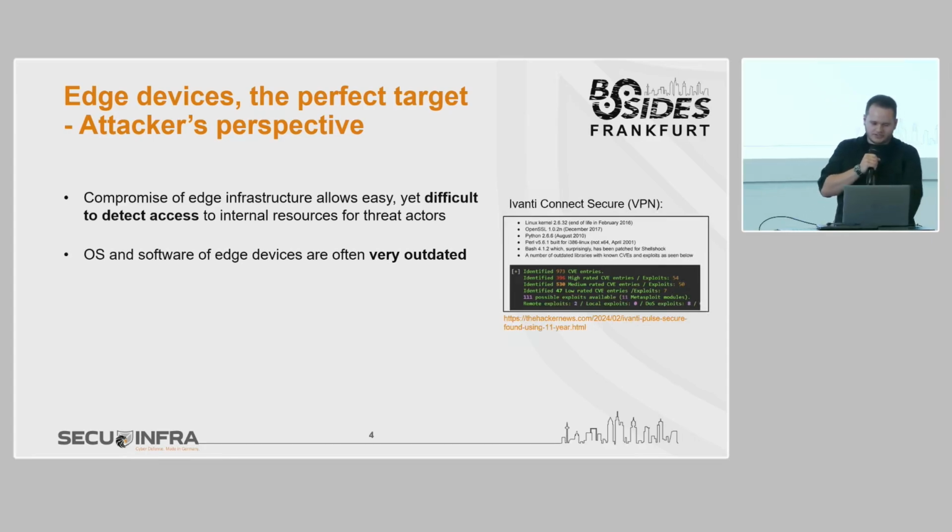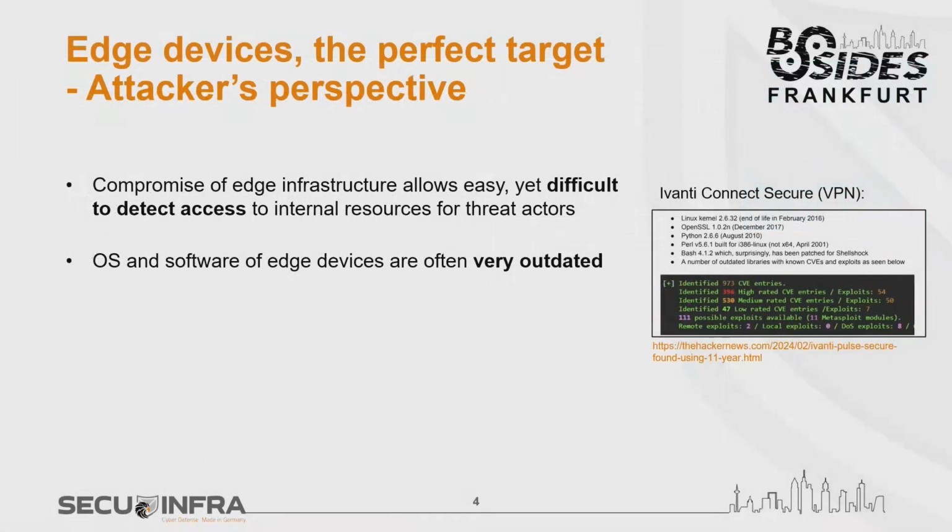Also, a big issue with these edge devices is that their operating system and software are very outdated. I brought an example from Ivanti Connect Secure, which is a VPN appliance. It has a Perl version 5.6.1, 32-bit, which was built in April 2001. And I'm pretty confident there are people here in the room that are younger than this. So that tells you everything, I guess.